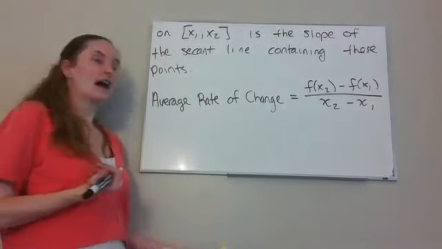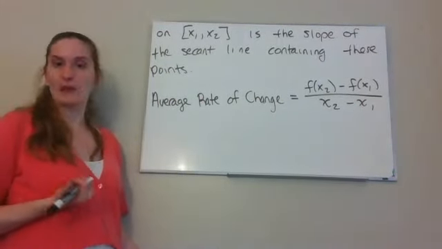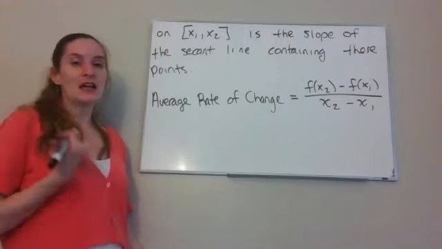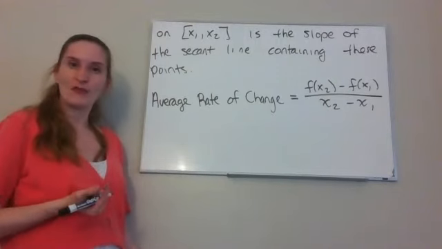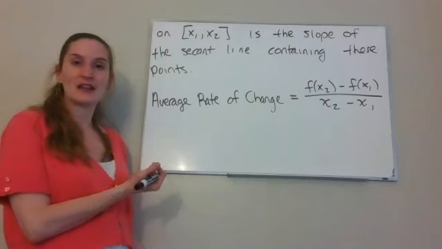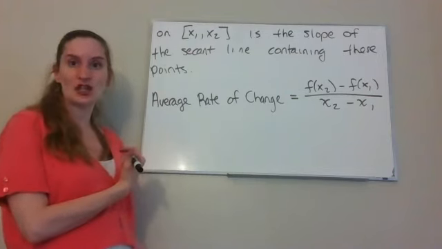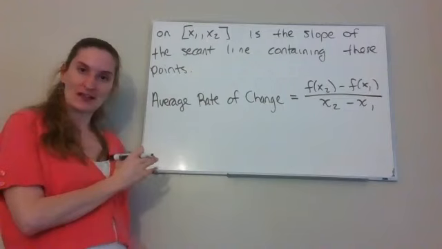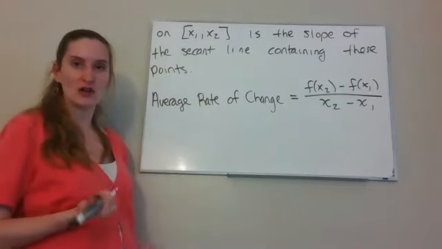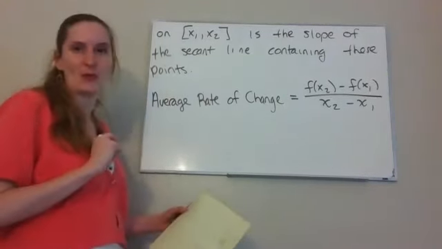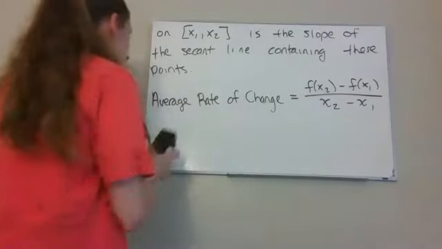Now, this average rate of change is very important for calculus as well. In calculus, you're going to take it one step further than this and get something that's the instantaneous rate of change. But it's important to understand average rate of change before you make that jump into calculus. It's one step away from calc.